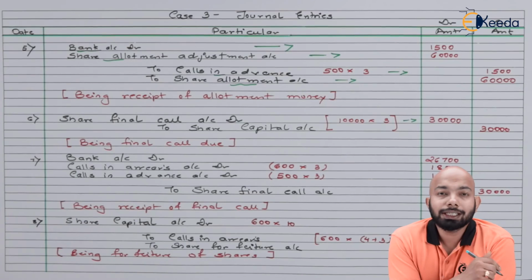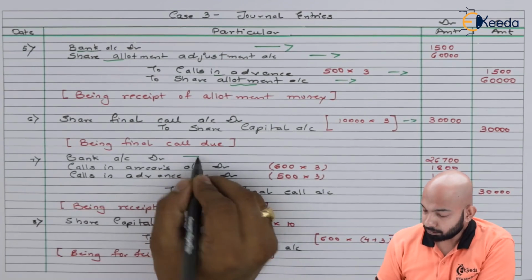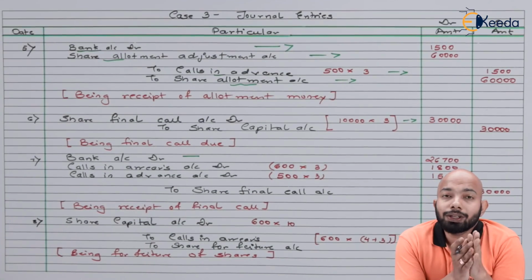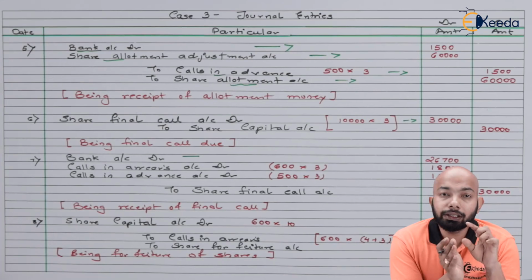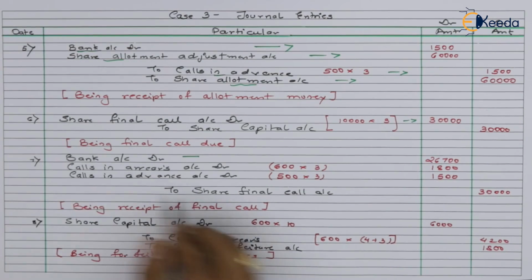Now, let's go on to the receipt entry whereby there are certain calls in arrears as well. In this entry, please make sure that whatever calls in advance you had credited earlier will be debited here for an amount of 1500 rupees, as we have mentioned in the entry. So the entry will be bank account debit, calls in advance account debit, calls in arrears account debit, to specifically share final call.